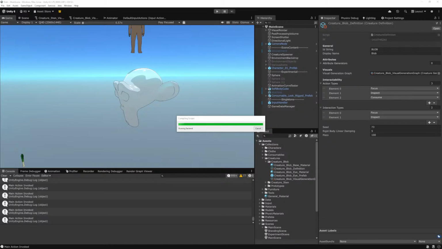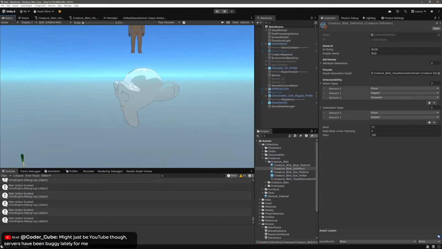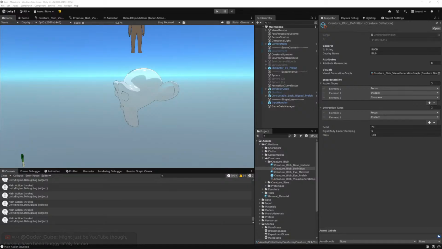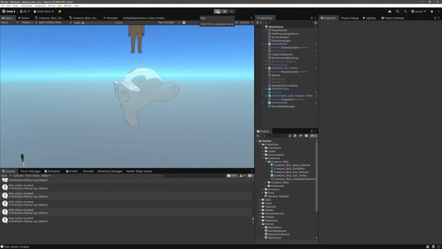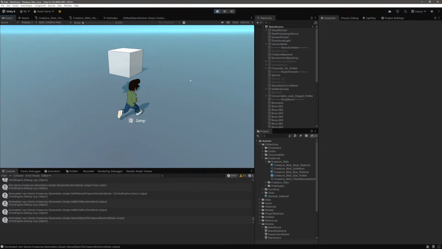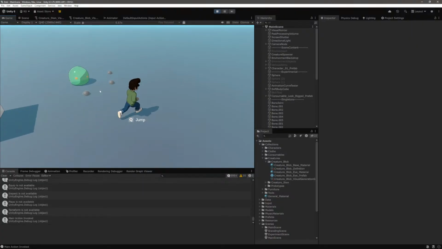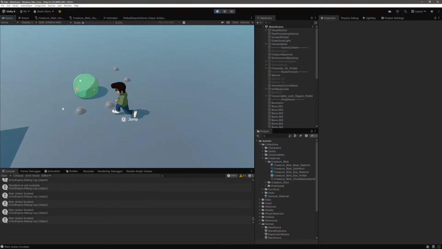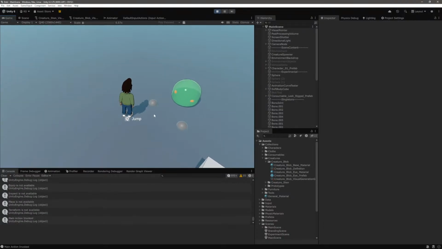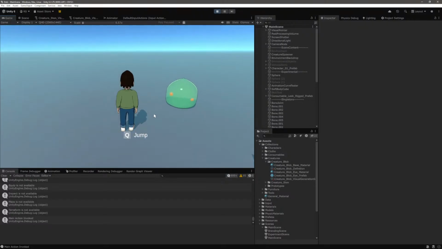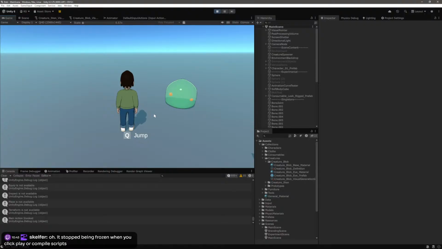Code QB8 should be smooth on my end. Let me check one thing as well. What stopped being frozen, Skafer?